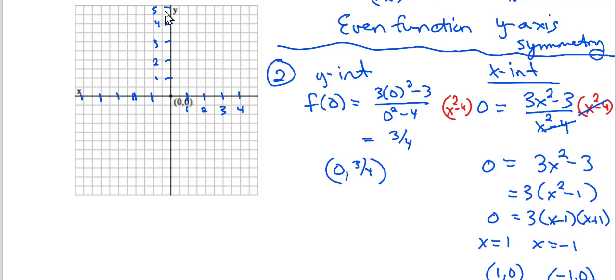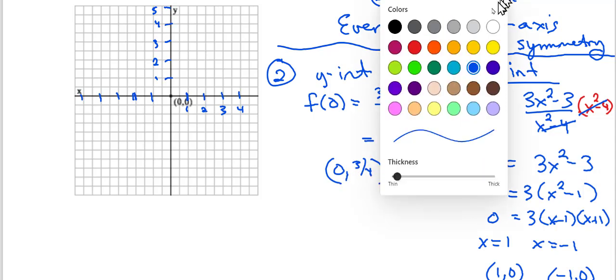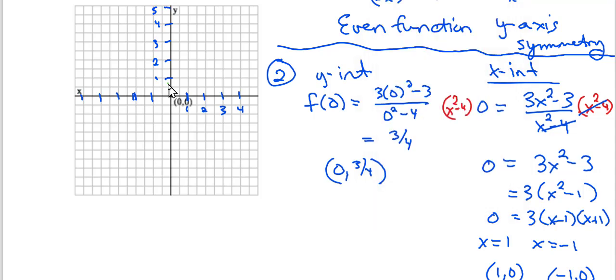Okay, my y-intercept is 3/4 of the way between 0 and 1, so it's going to be here. And then I have an x-intercept at 1, 0 and at -1, 0. So I have those 3 points is what I have currently.